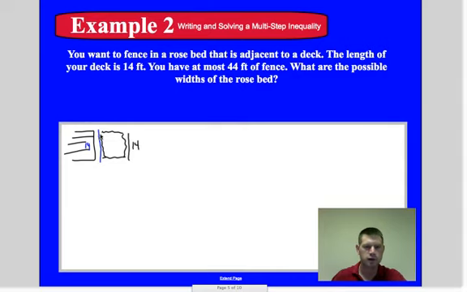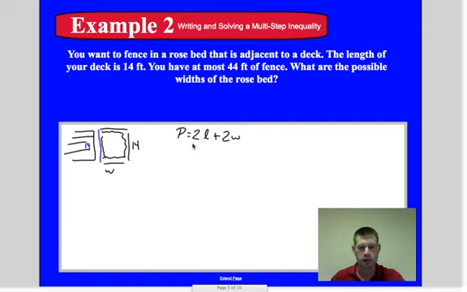So what are the possible widths of the flower bed if we have 14 here, but we only have 44 feet of fence? So we have to write an inequality for this. Well, the first thing we need to understand is that what we're talking about is the perimeter. And I know perimeter is 2 times the length plus 2 times the width.